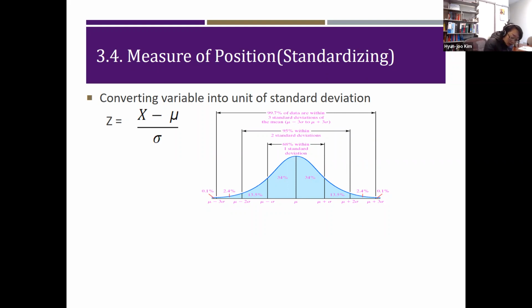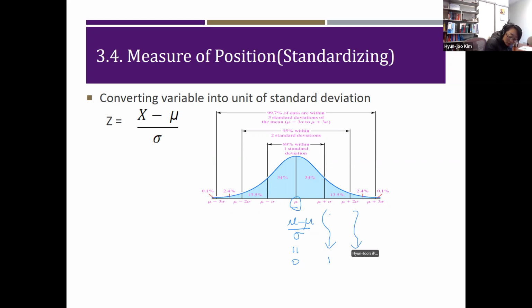At this point, your X is mu, right? So if you do mu minus mu over sigma, that value will be equal to 0. In the same way, if you take mu plus sigma as X, this point becomes 1.